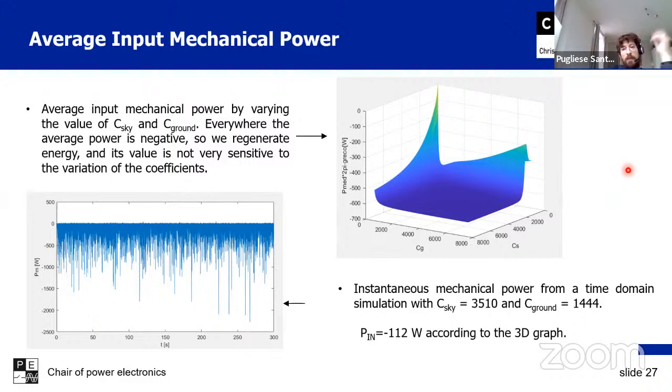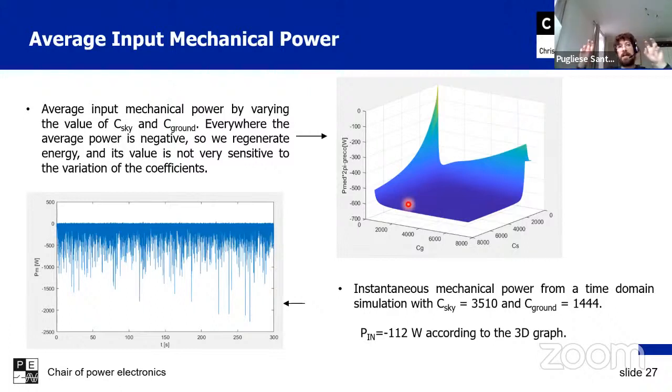We did some analysis about chi sky and chi ground to understand, with these positive values, if we can really regenerate. And here it is shown that for any value of chi sky and chi ground that we choose, we can recover from the street the same amount of power.